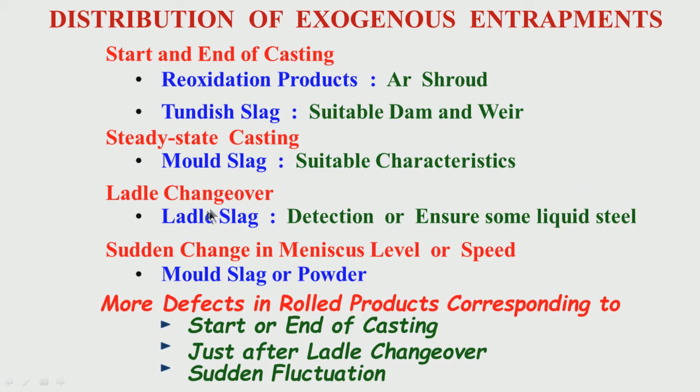If there is a sudden change in meniscus level, or a sudden change in speed during casting, that particular location will be relatively inferior, and more inclusions are expected. So, the start or end of casting, just after ladle changeover, or any sudden fluctuation during casting, these areas are relatively inferior, whether slab, bloom or billet.